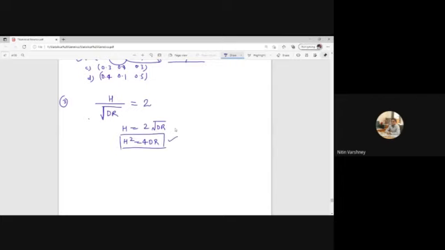So the ratio of heterozygous to the square root of both homozygous is constant, and that is 2. Okay. So h square is equal to 4DR.